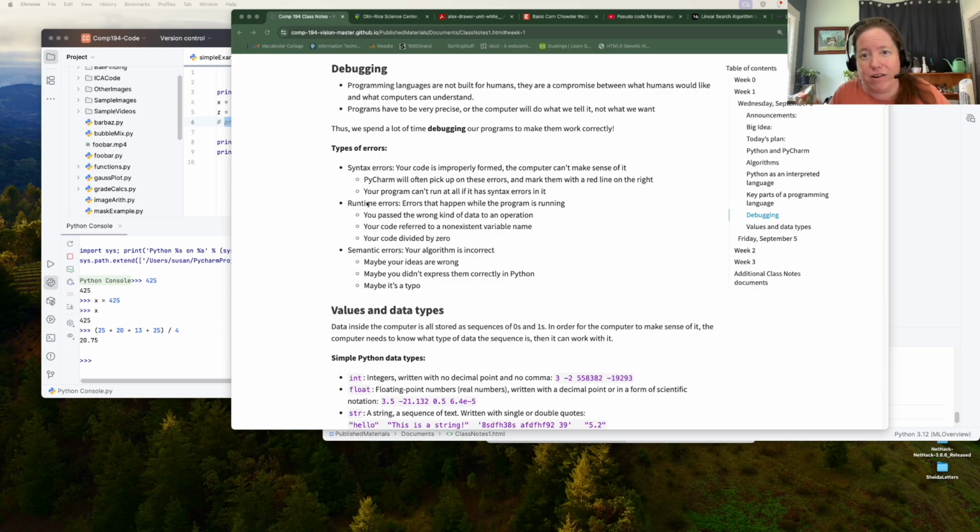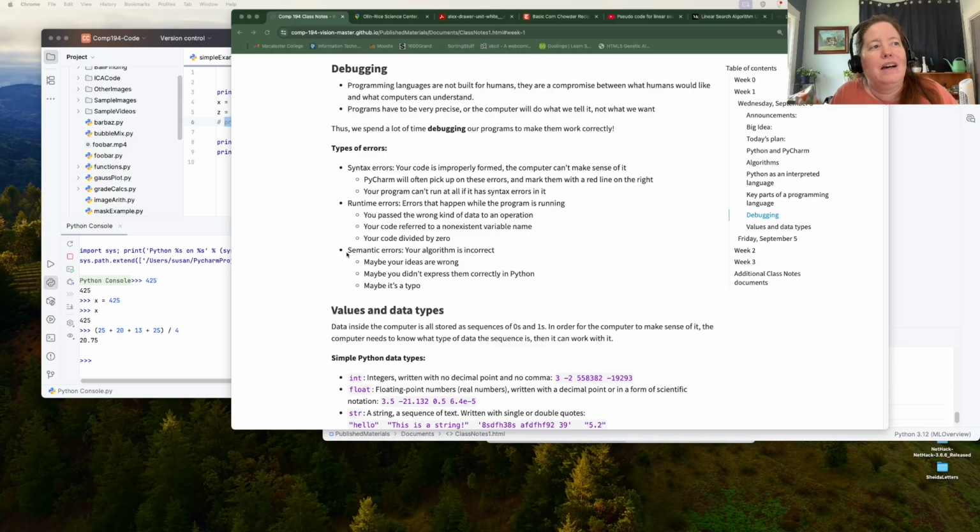So that's a common error that you find. Divide by zero is the classic runtime error. If you write your code in such a way that you accidentally ask it to divide something by zero, it may not be able to detect that until runtime. But it will detect it, and that's not a permissible thing to do, so it will give you a runtime error.